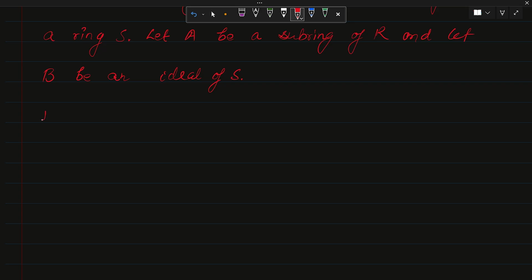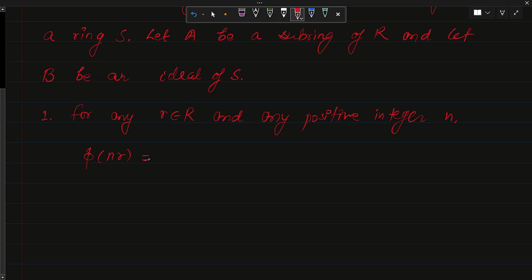So we are having the first statement that for any r belongs to the ring R and any positive integer n, we are having this one that phi of n time r is same as n time phi of r, and phi of r to the power n is same as phi r to the power n.